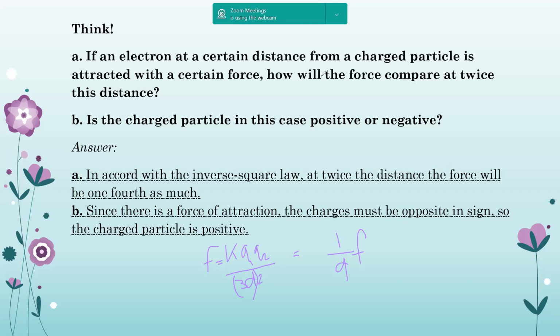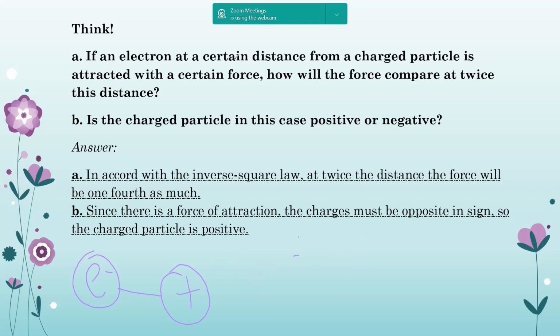So here you have an electron that has an attractive force with another object. This object is charged. What will be the charge of this object? If this one is negative, the other one will be positive. It will be a proton.